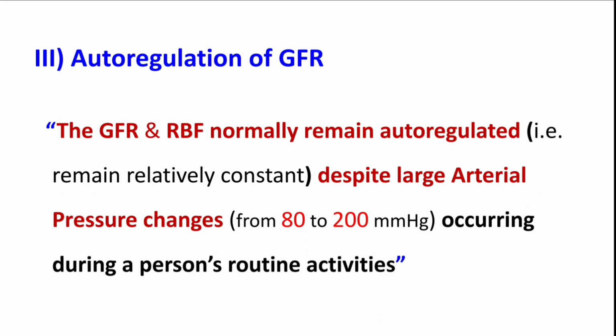But despite these changes in the arterial blood pressure, which can range from 80 to 200 millimeter of mercury, our GFR and renal blood flow remain constant. So this phenomenon is called autoregulation. Autoregulation simply means that our GFR will remain constant despite the changes in the blood pressure.